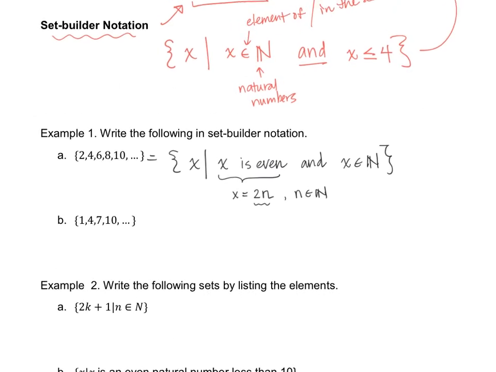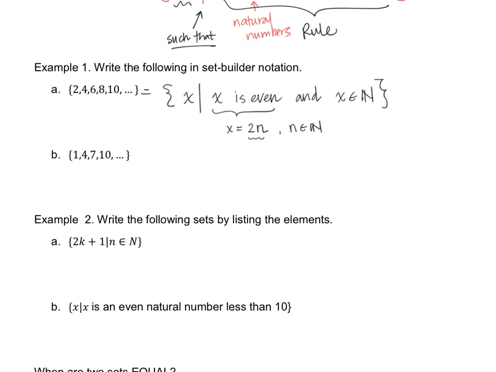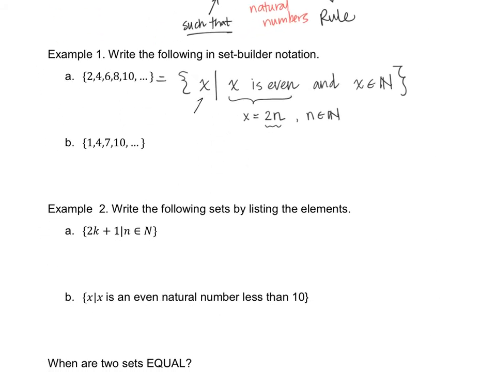I'm also using this bar, which I didn't define earlier, which is just a little break between the element of the set, but we can read it as "such that." So it's all the x values such that, and then you list the rule after. That's the set builder notation. It's all the x's such that x has to be even and a natural number. So I've just defined that set.